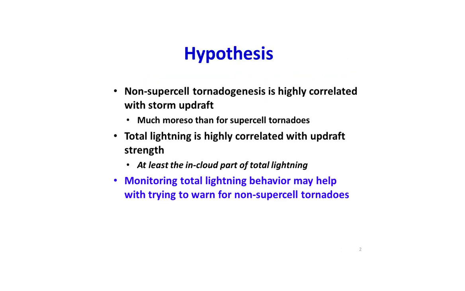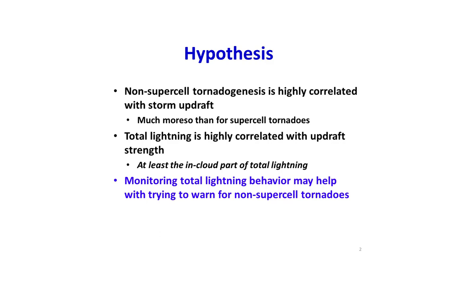If you come out with nothing else out of this whole thing, I want to point out that of all the types of tornado genesis that we have, non-supercell tornado genesis is, I think, the most highly correlated with storm updraft, far more so than supercell tornadoes.